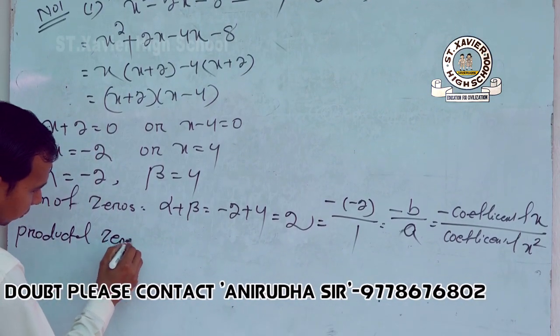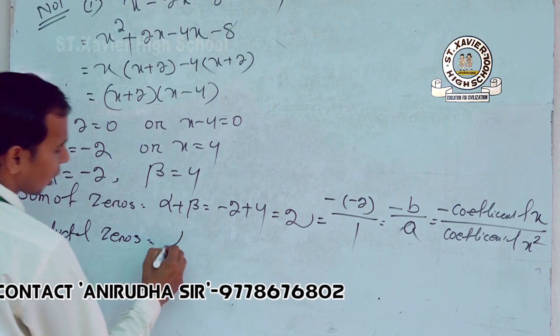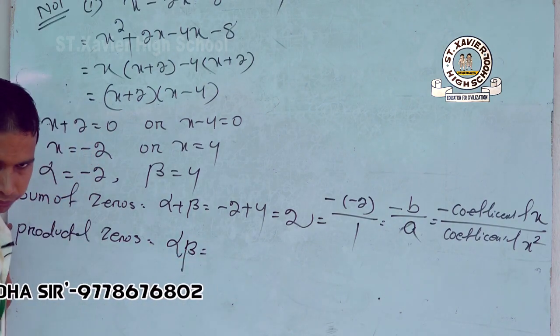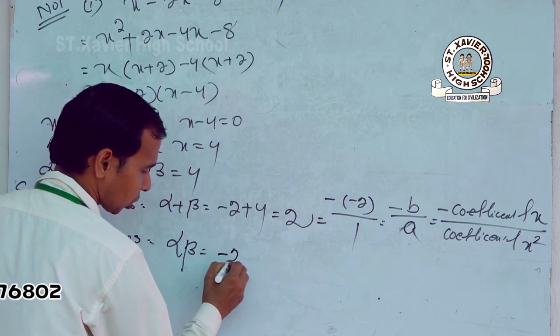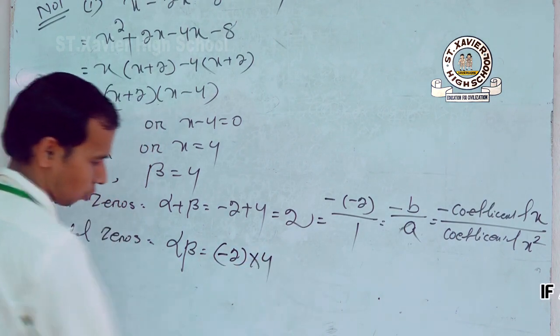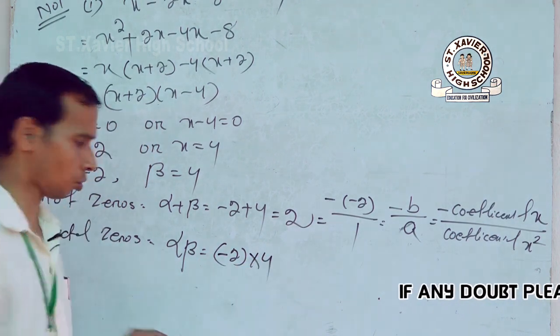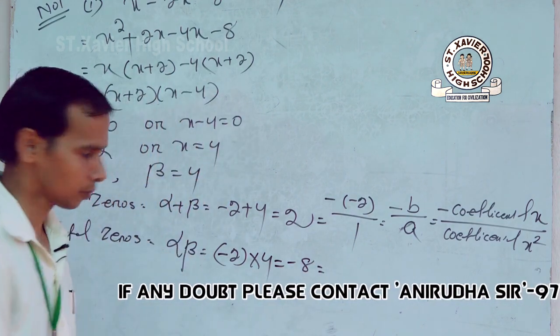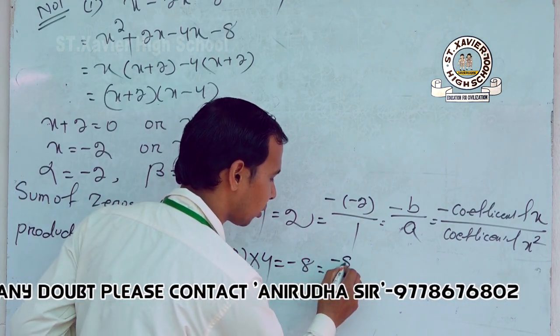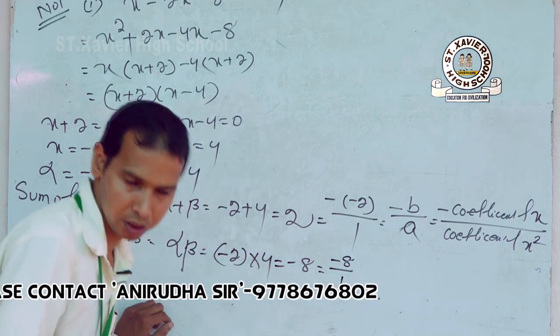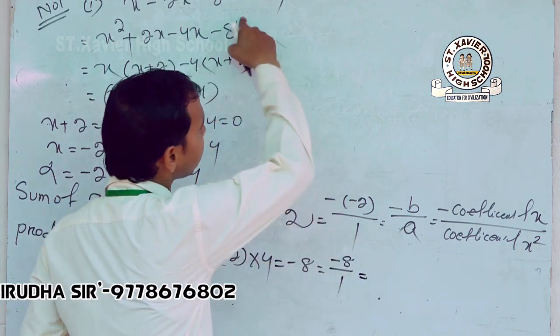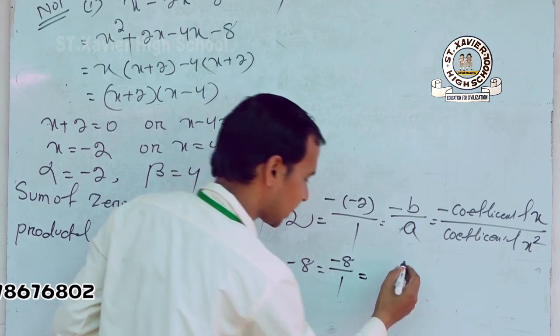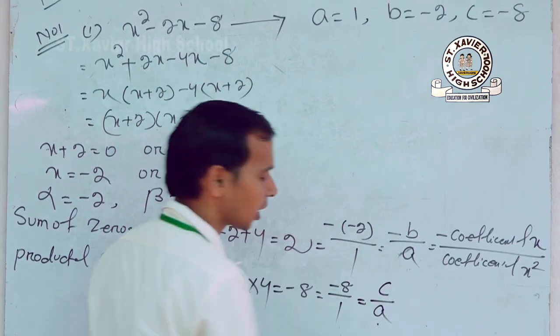Product of zeros, here alpha beta. Alpha here is -2 and beta here is 4. -2 into 4, you get here -8. And -8 can be written as -8 by 1. Okay. So mark here, -8 is c, c by a, here a is 1.